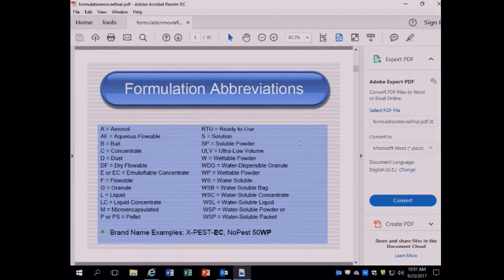WS is water soluble. WSB is a water soluble bag. And to me, they've got a little bit of this mixed up, because I was thinking primarily of formulations, but they've got a lot of these other ones put in here. A water soluble bag.